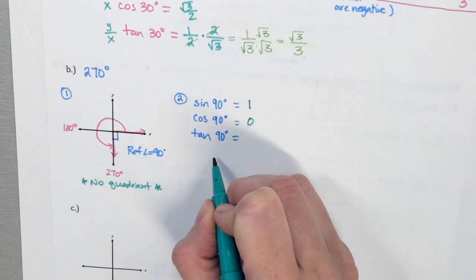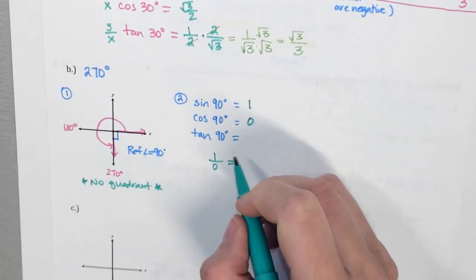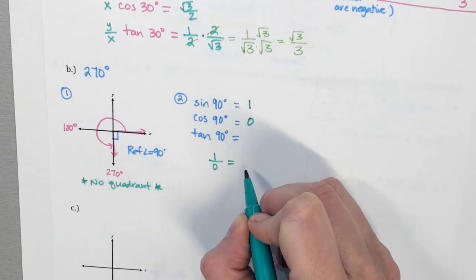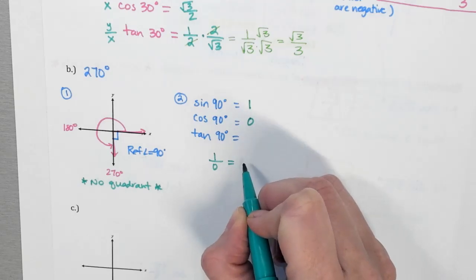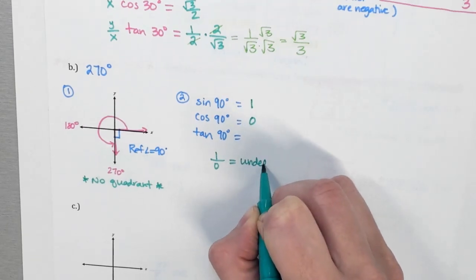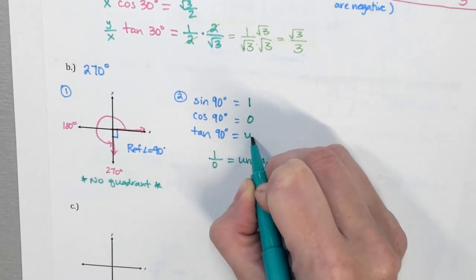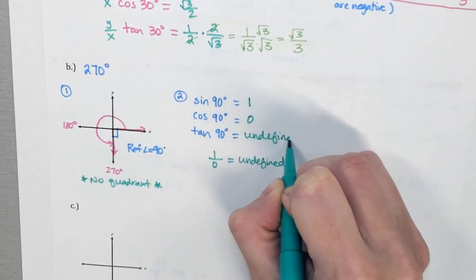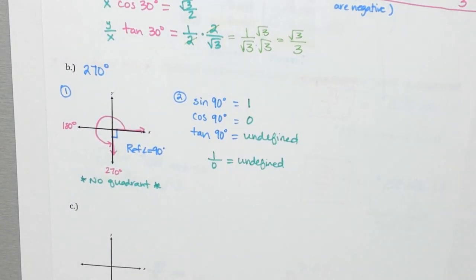What happens when you do 1 divided by 0? What does that equal? Not nothing. What do we call it? It's undefined. Okay, so it's undefined. If 0's on top, it's 0. Okay, if 0's on bottom, it's undefined.